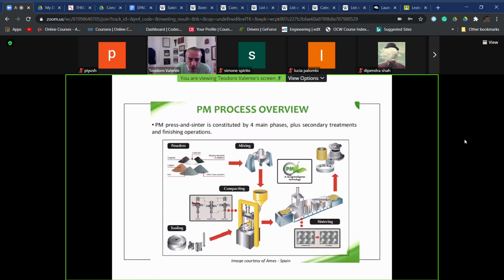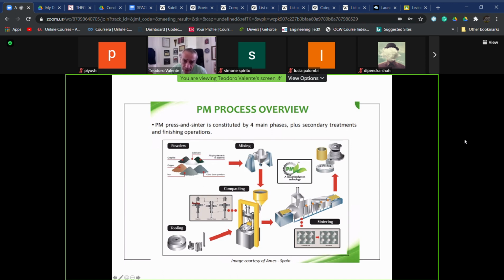But the concept is that, especially if we want to have alloys, we need a 4th phase in which the powders are alloyed or mixed.